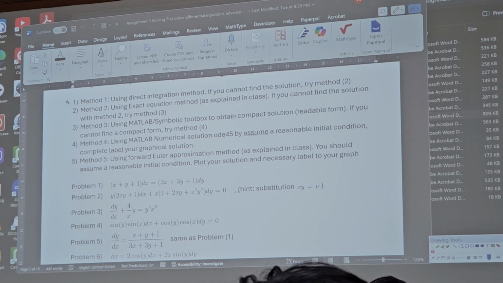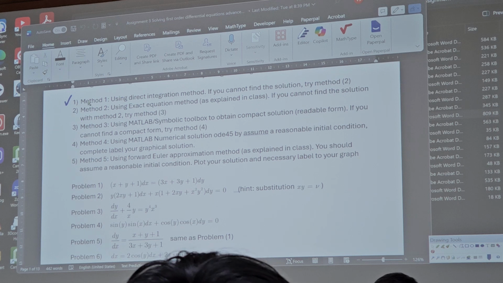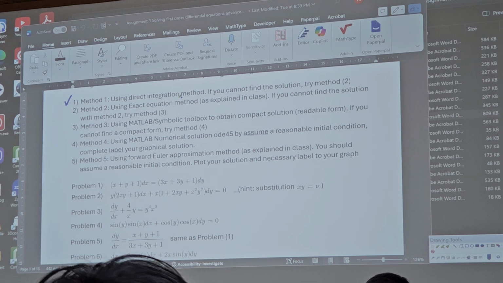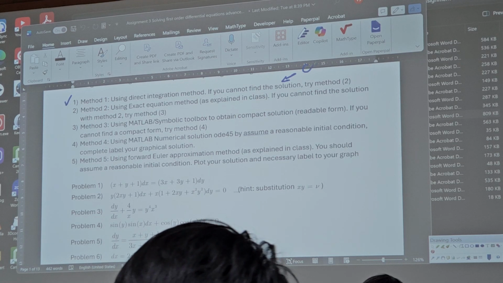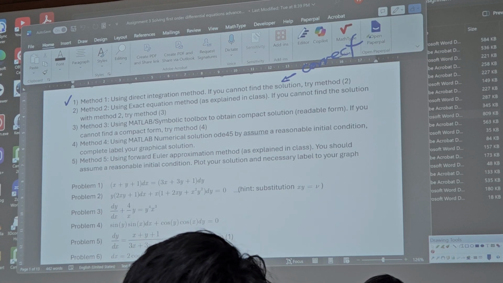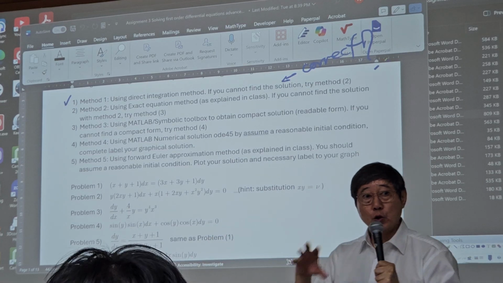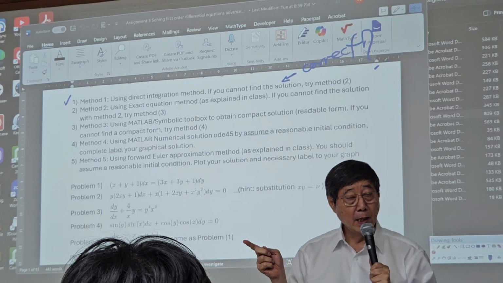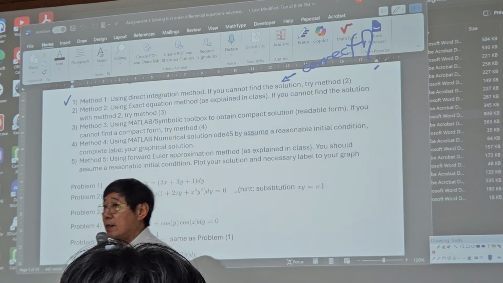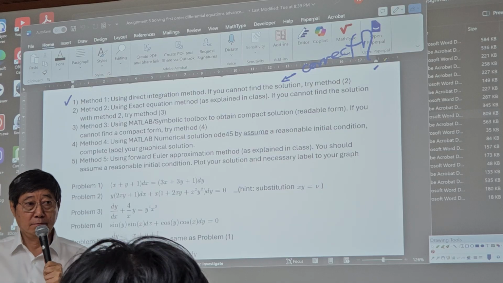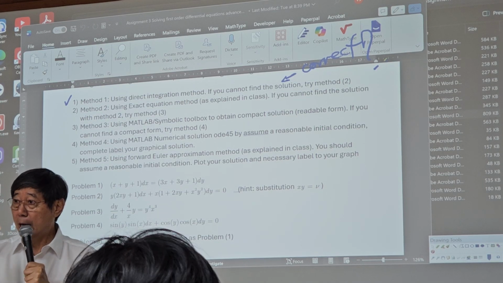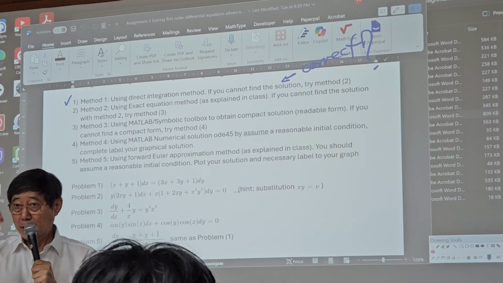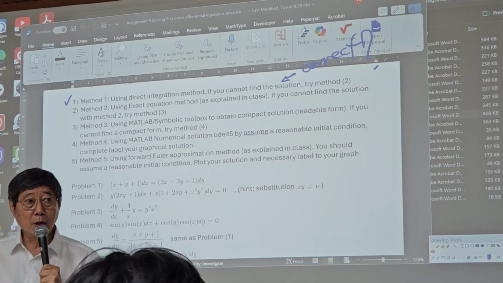If you use direct integration, how can you be sure that your solution is correct? That's a point that I would like you to make. You have to put it into your remark as well.